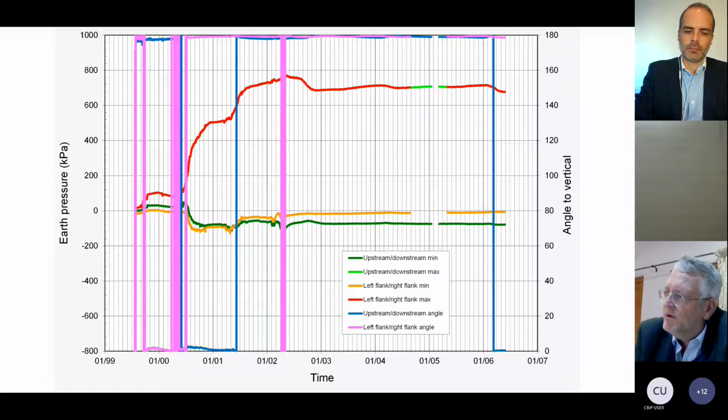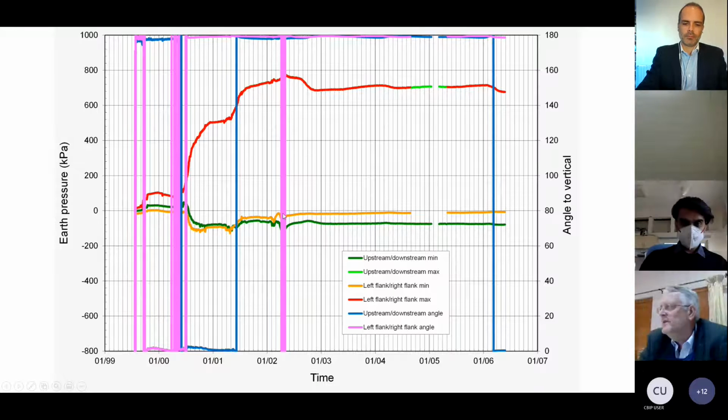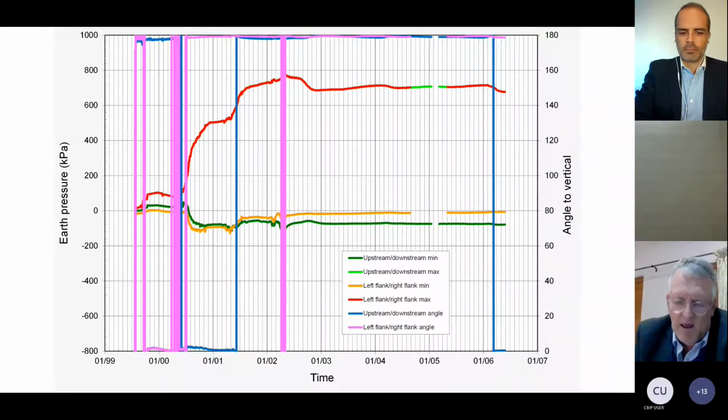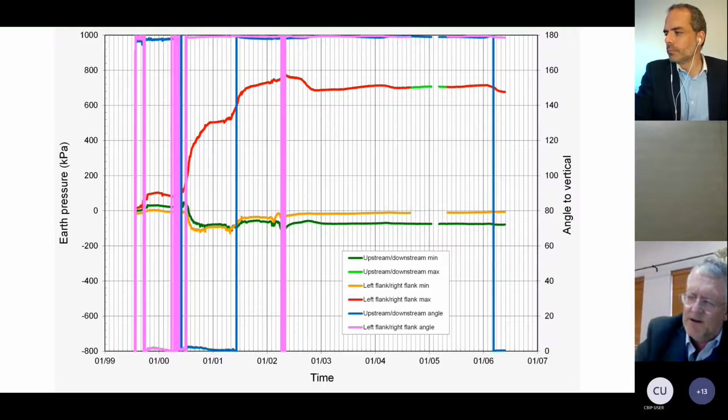For this particular one, you can see, if you go to principal earth pressures, that you have negative earth pressures there. As part of the design, because we expected it, we had a very rigorous filter design.